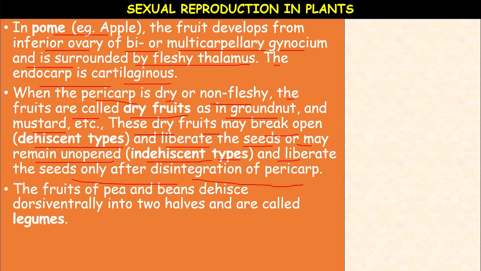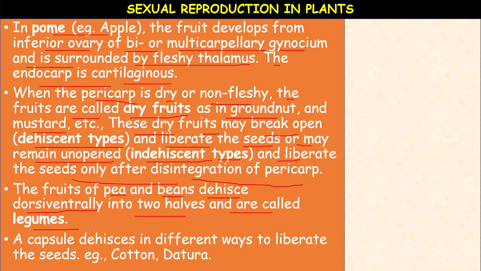The fruits of pea, beans and pulses dehisce dorsiventrally into two halves and are called legumes.